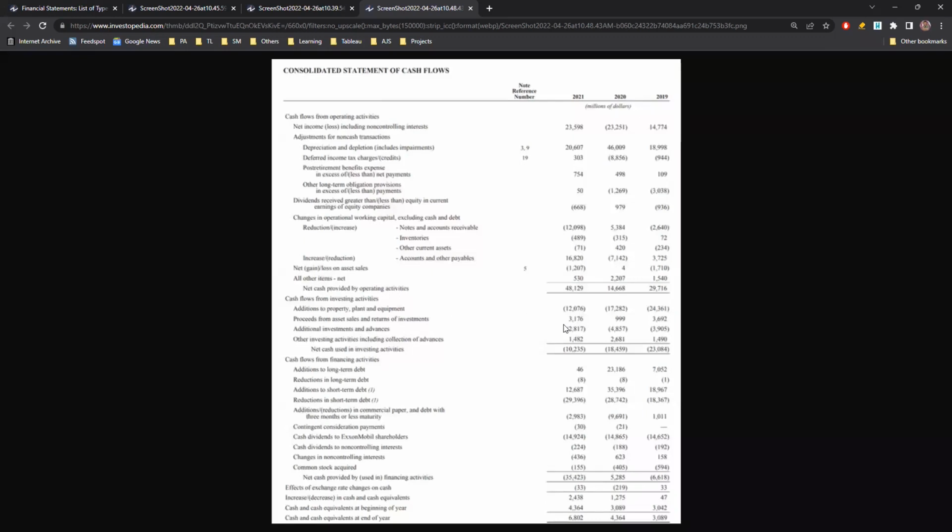Then the next line is proceeds from asset sales and returns of investments. Here you need to delve deeper into the notes to understand where this number came from. Is it because of asset sales, or because of returns from investments? If it is asset sales, they are redeeming their principal: they invested in some stock and sold that stock. If it is returns on investments, for the same stock investment, it's the dividends.